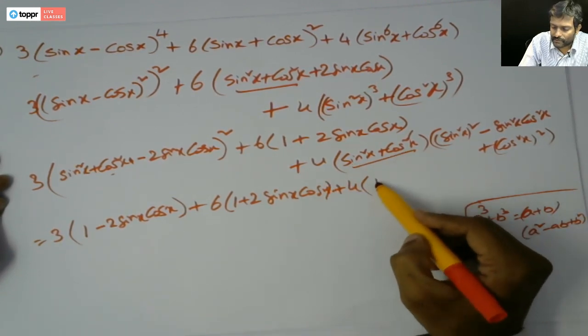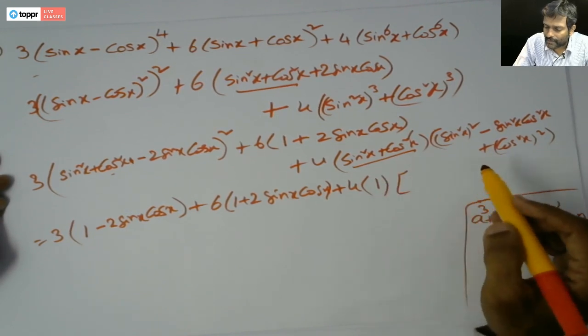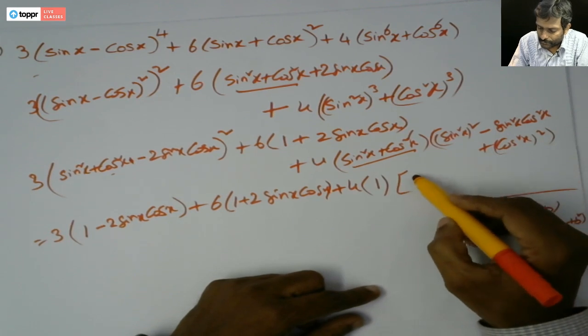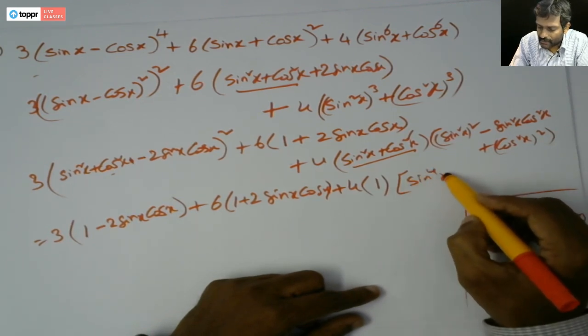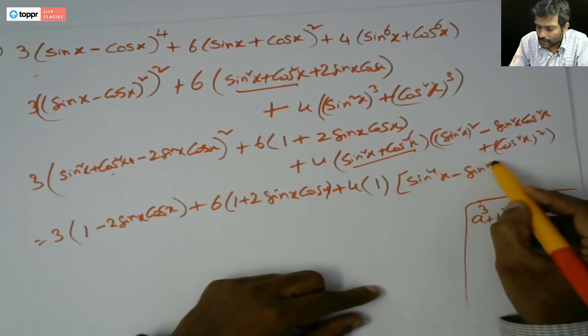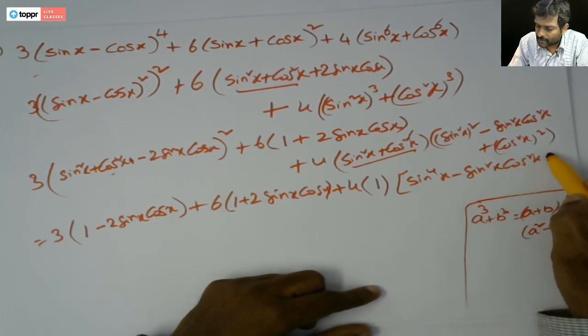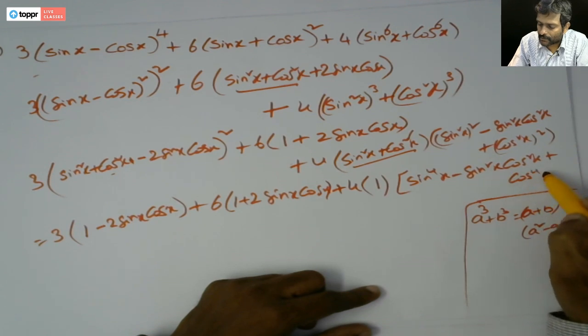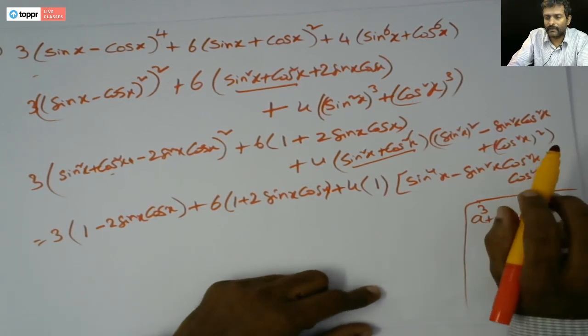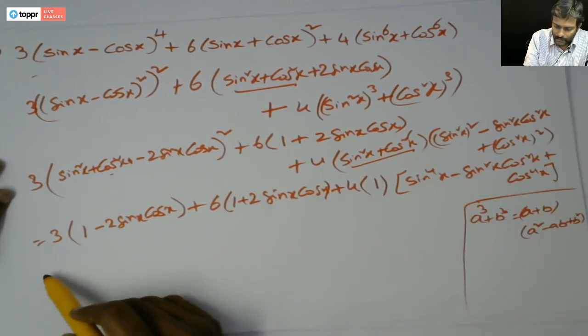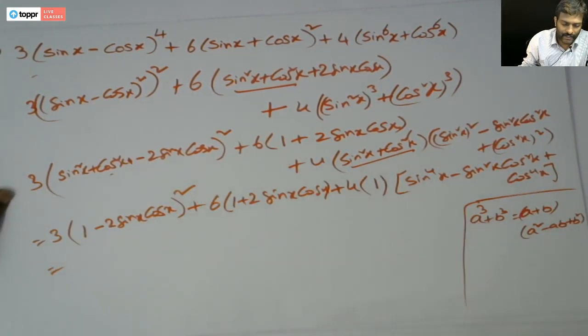Now this value is also equal to 1 into sine power 4x minus sine square x cos square x plus cos power 4x. Right? And this is whole square again.